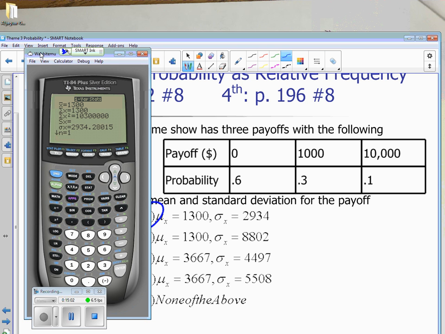Takes a little longer, not a big deal. Standard deviation, do you remember how to do it here? No. Okay, you take the value minus the mean, square it, and multiply it times the probability. Add it to the next value minus the mean, square it, times the probability. Add it to the last one, and then take the square root of all that.